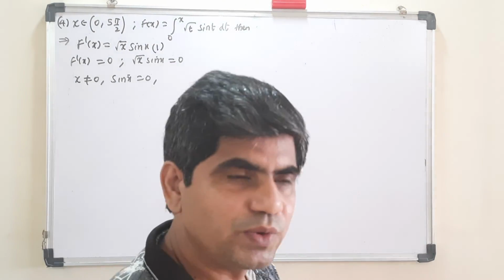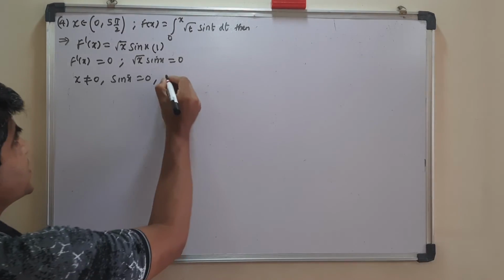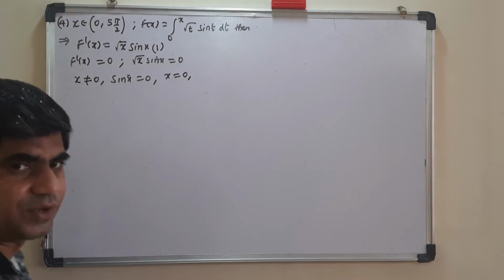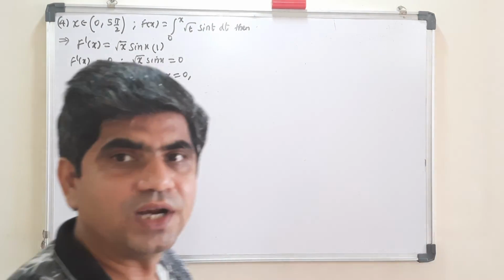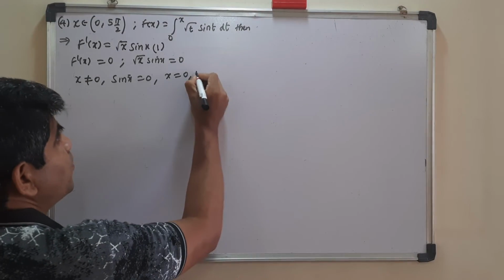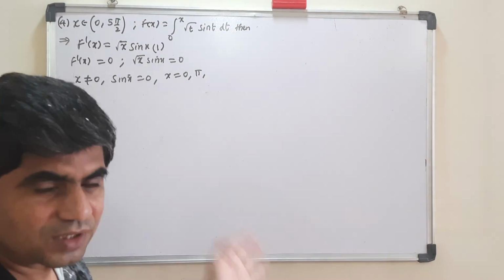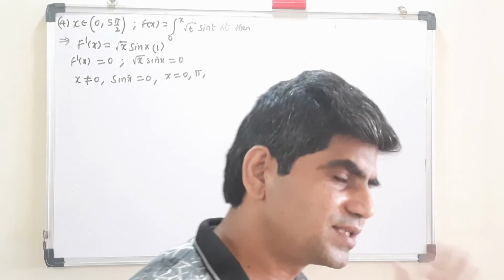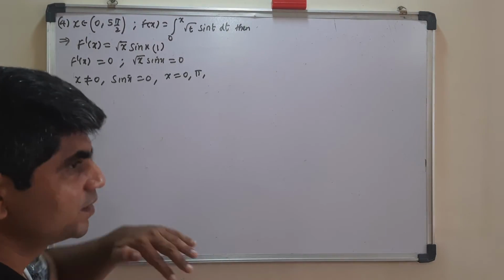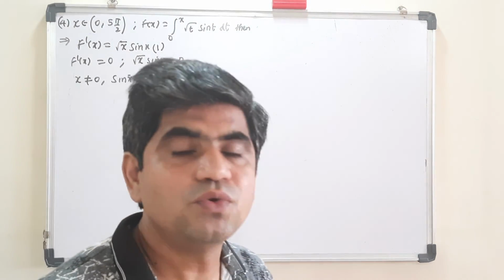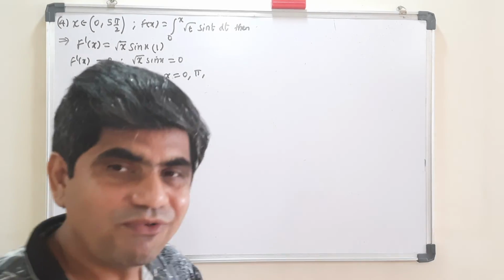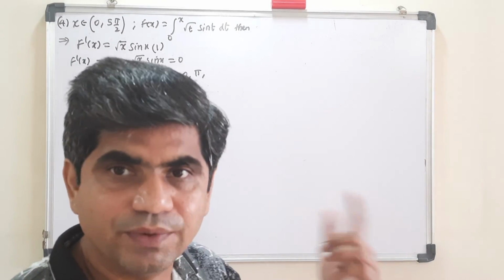Now sin x is equal to 0, that means x is equal to 0, then comes on the negative x axis, that is pi, and then comes 2 pi. Now does it fall in our given domain?